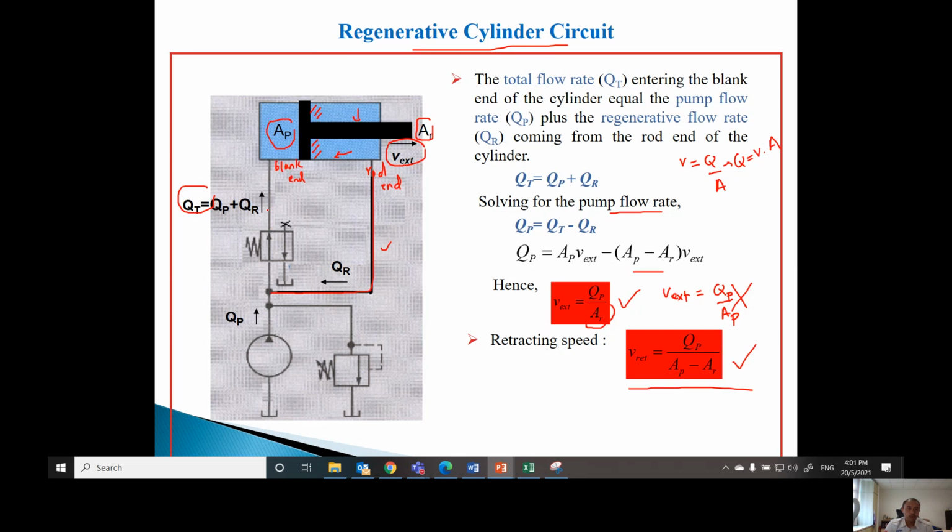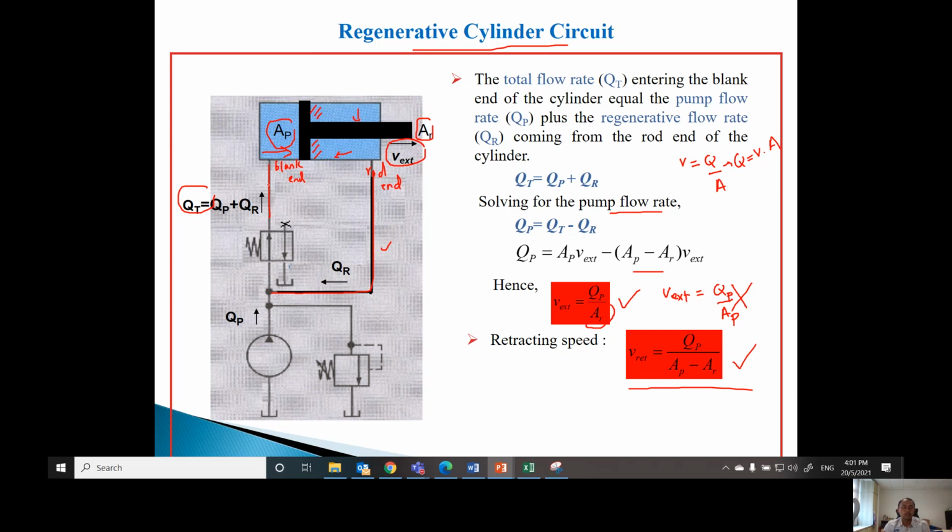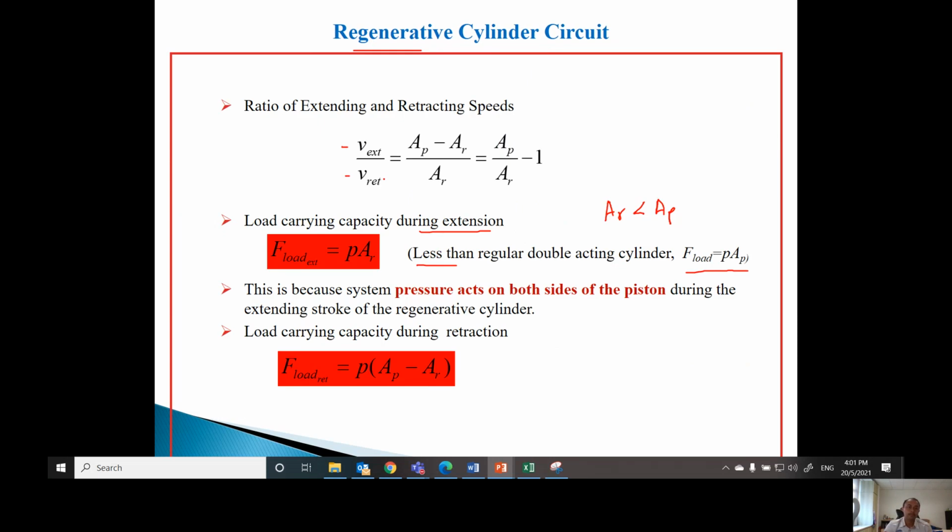And of course we also have this line, which is directly from the pump. So when you have both pressures acting at the same time oppositely, it is very logical that the force during extension in this case is less than the conventional one, where you only have supply going through the blank end but no supply through the rod end. But for regenerative, you have supply through both the blank end and the rod end, and they act oppositely.